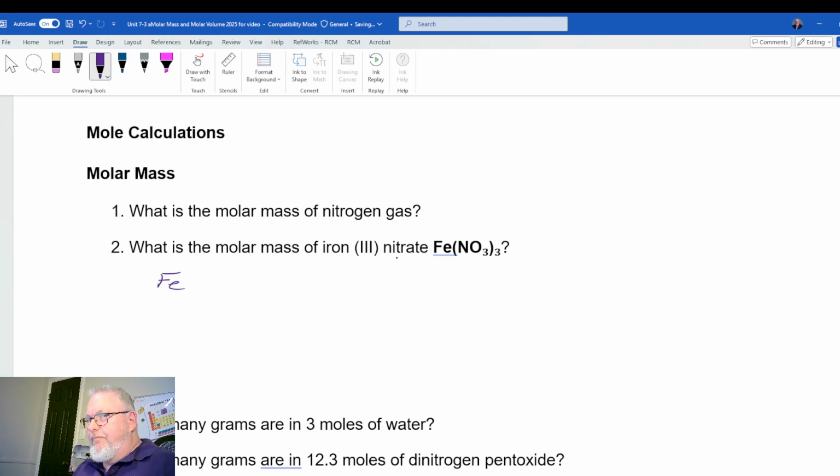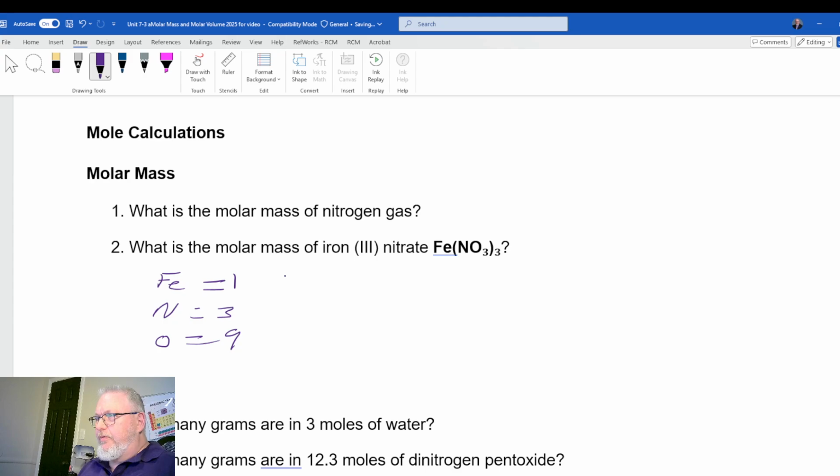Well, that means that this iron gave up 3 electrons to this nitrate to make it whole. But anyway, how do I read this? This is a polyatomic ion. So this 3 here, I carry it across the parentheses. That means I've got 3 atoms of nitrogen. For oxygen, that means I have 3 times 3, which means I have 9 atoms of oxygen.